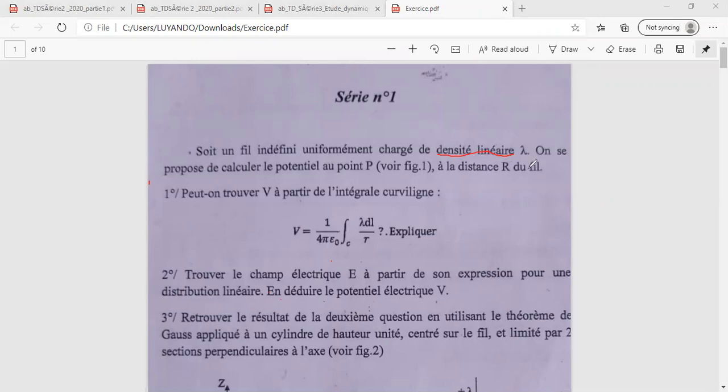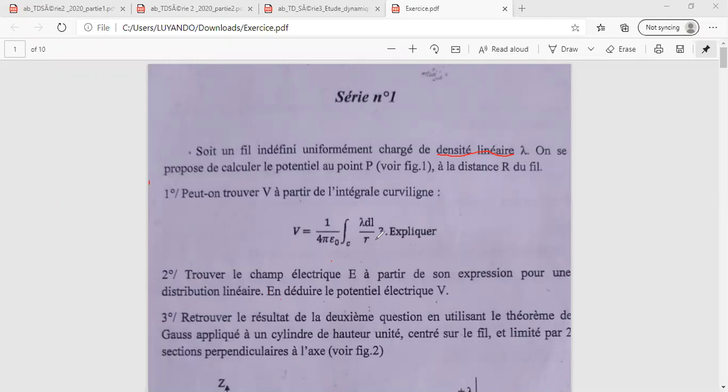A fil is a wire. Can we find V from the line integral? They've given us our potential expression, and they're telling us to find the exact value of V from it, and to explain. Do you get the question?